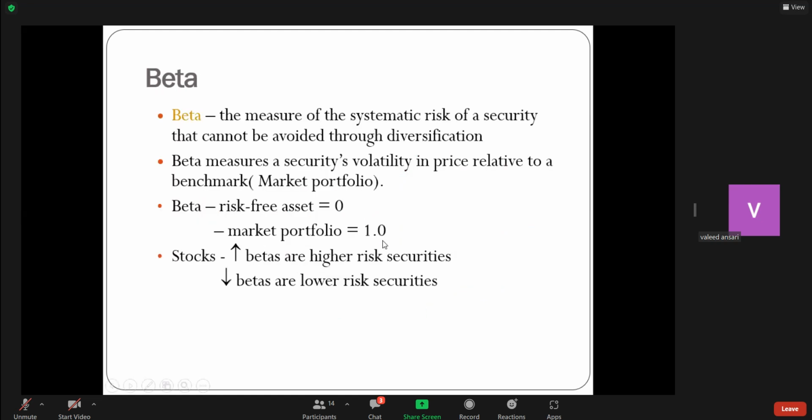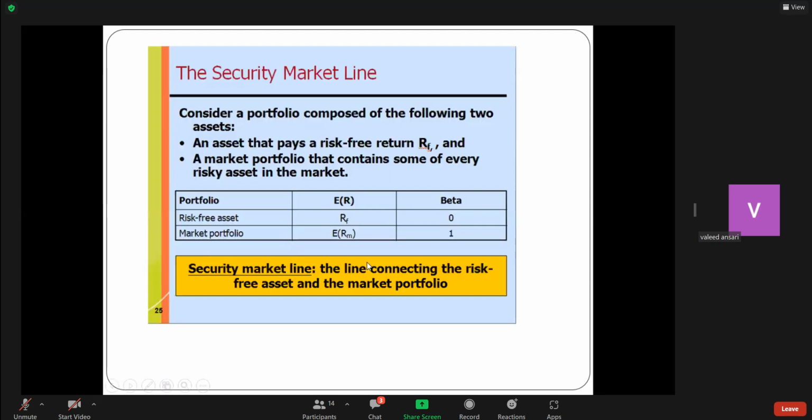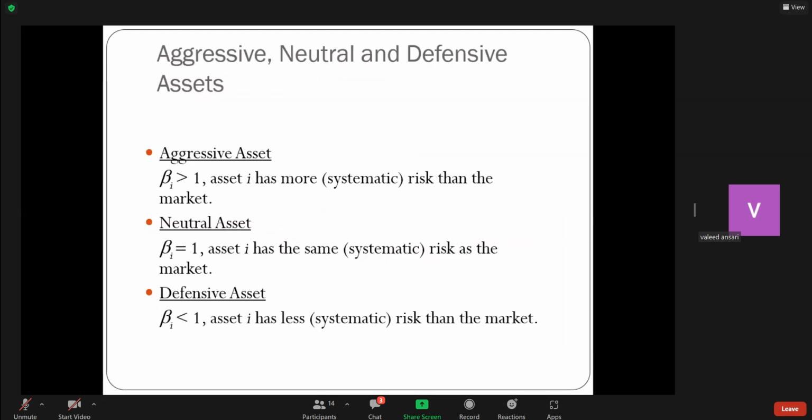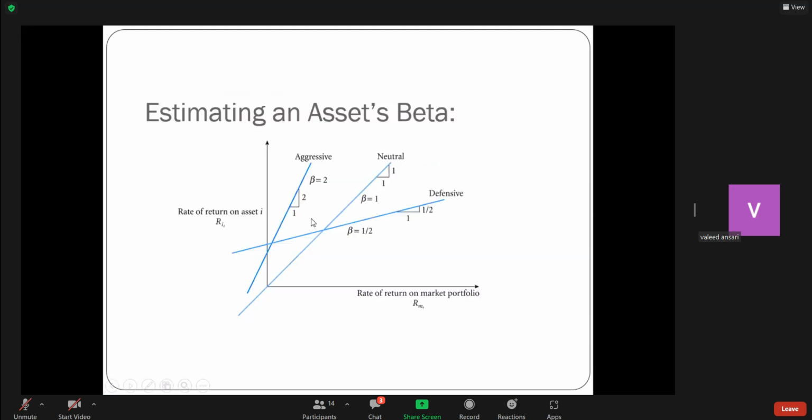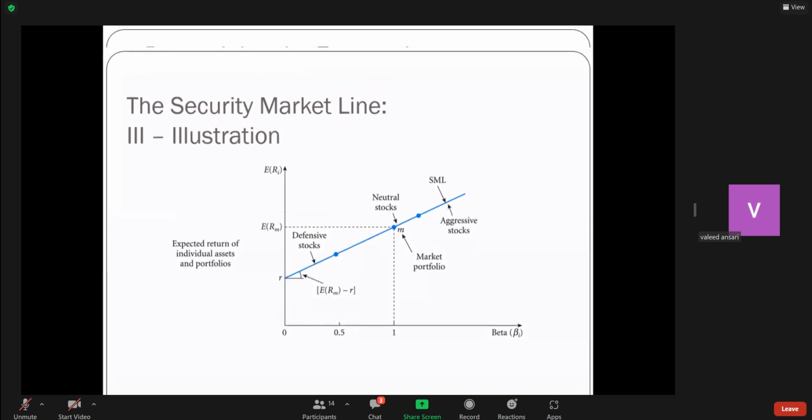So let us see how it is calculated. Securities with beta greater than 1 are higher risk securities, more aggressive stocks with more systematic risk than the market, and this is explained here.